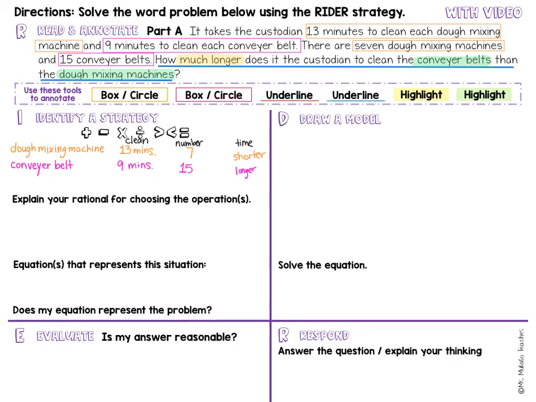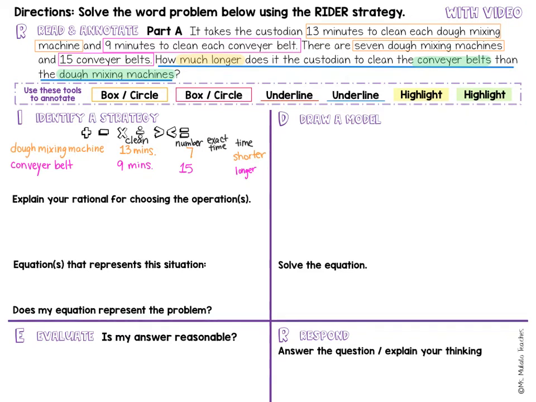It is our job to figure out how much longer it takes to clean the conveyor belts than the dough mixing machines. So instead of just saying this is shorter and this is longer to clean, we need to know the exact amount of time in order to know how much of a difference there is.